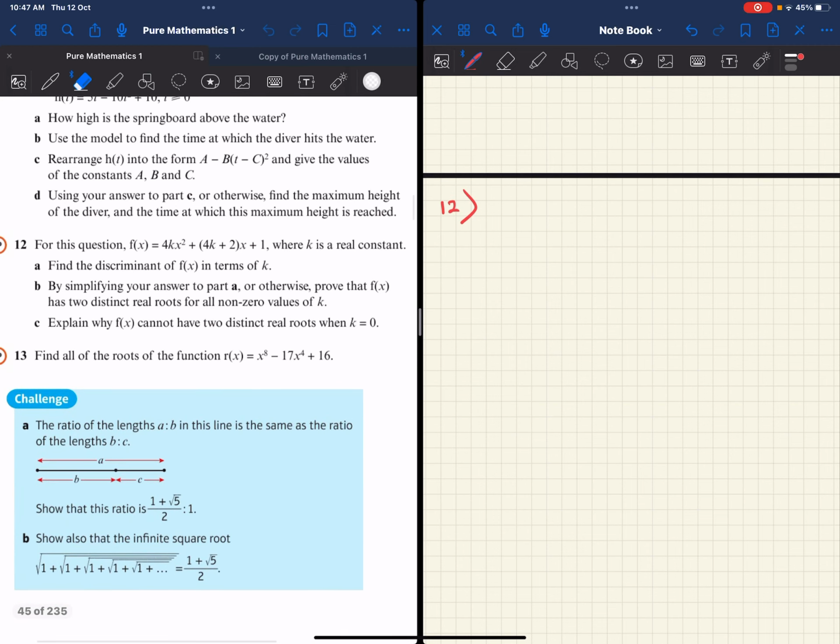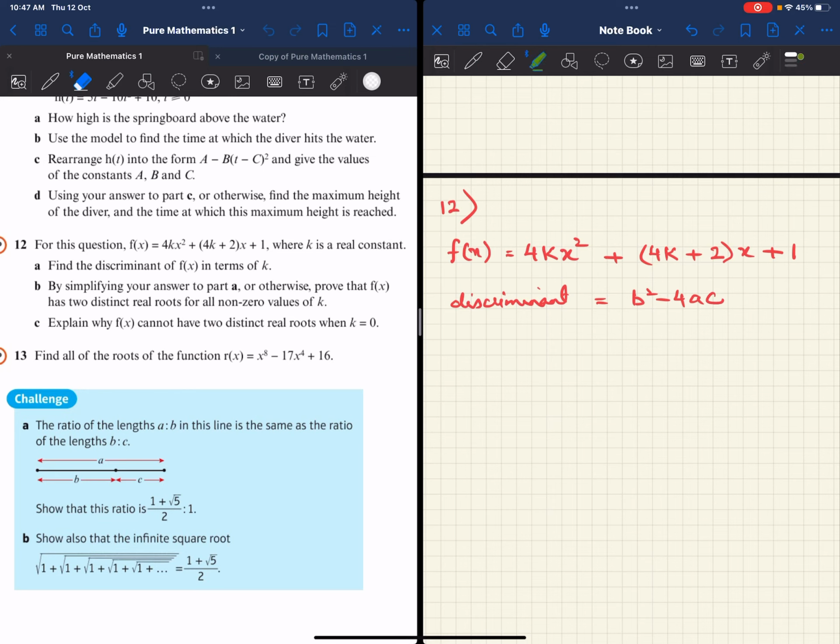For the equation f of x is equal to 4k x squared plus (4k plus 2) into x plus 1, where k is a real constant, find the discriminant. So the discriminant is equal to b squared minus 4ac.